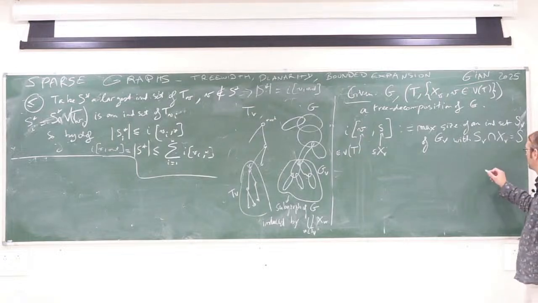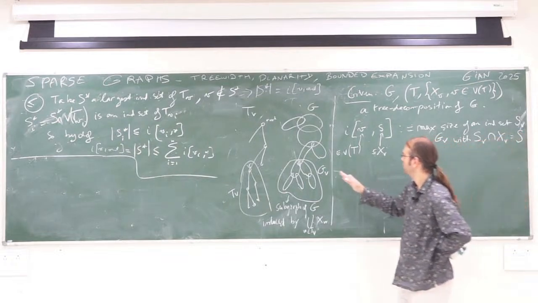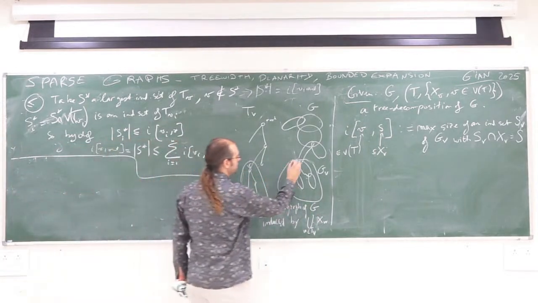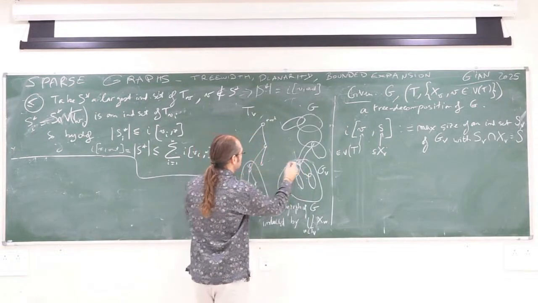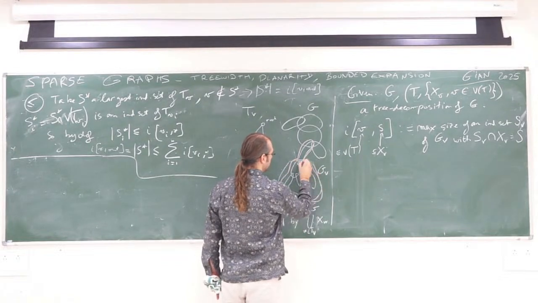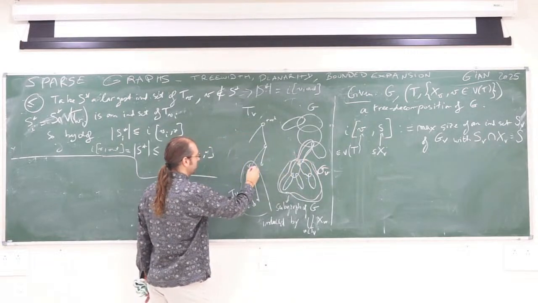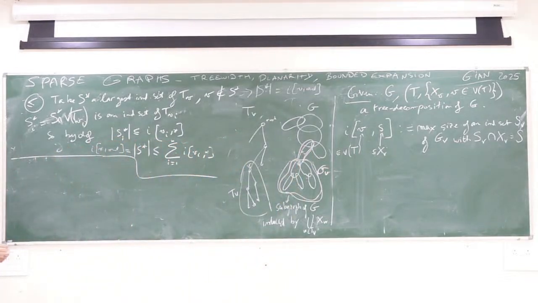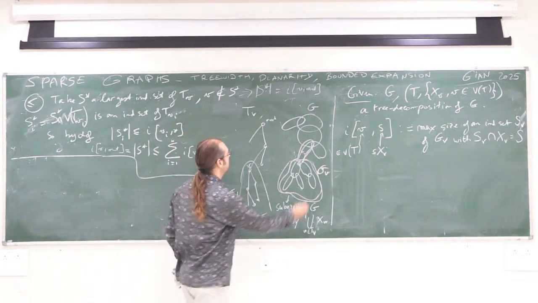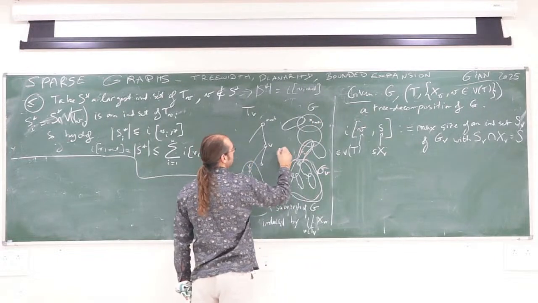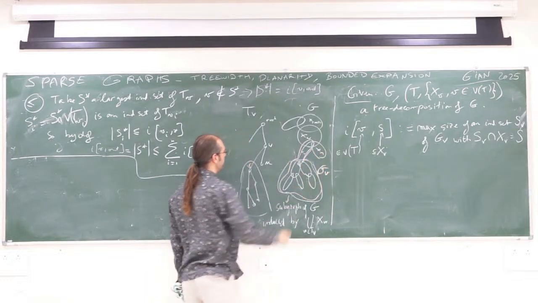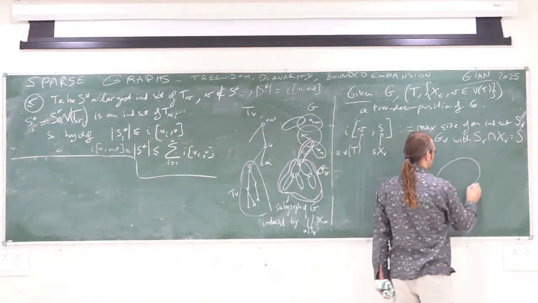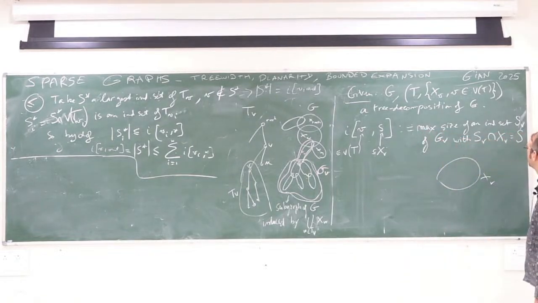Actually, my picture is wrong. This is G_V, this is X_V, and this is X_W. So I'm taking my X_V.